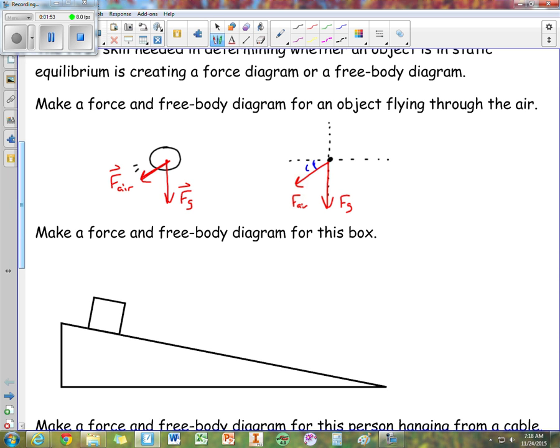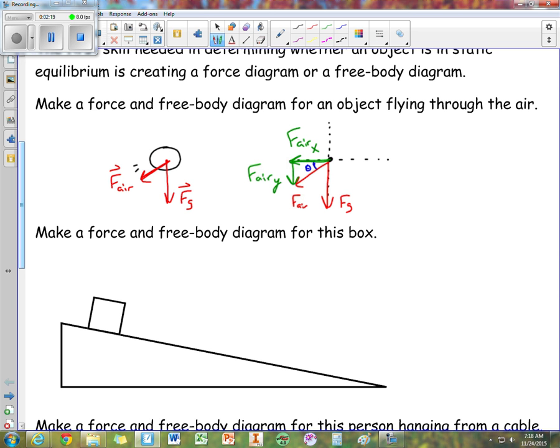It's at some angle. What that means is we can represent that force from air as the sum of two perpendicular vectors. So this would be the x component of that air resistance, and this would be the y component of that air resistance.